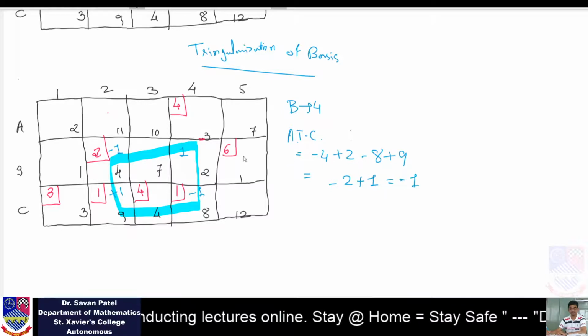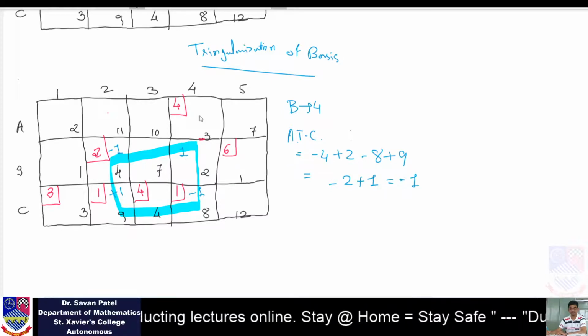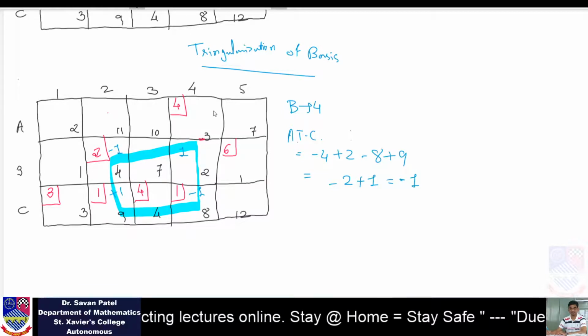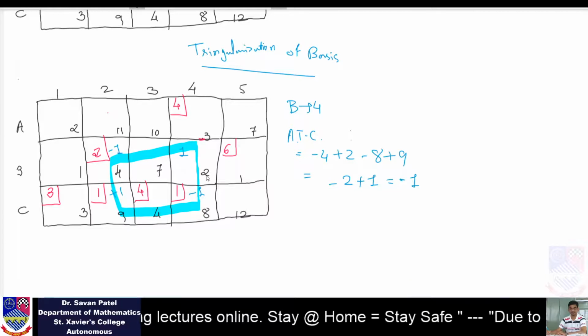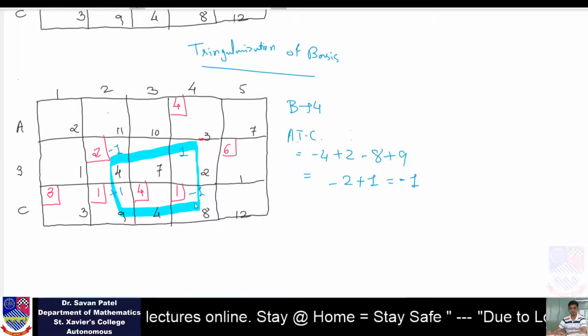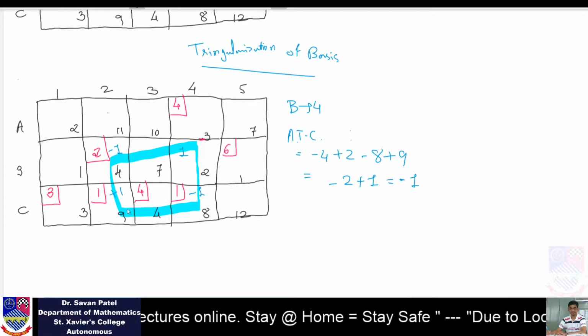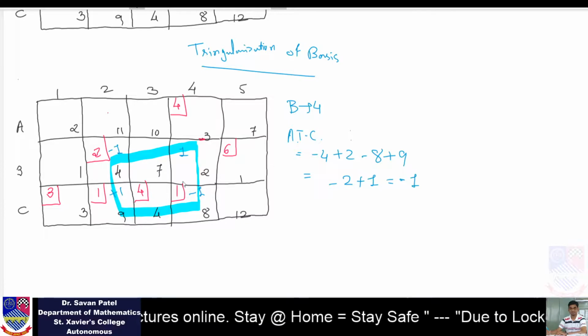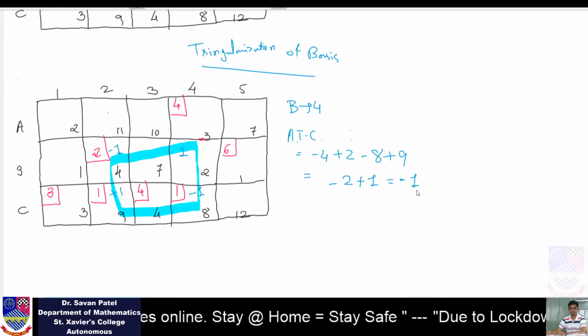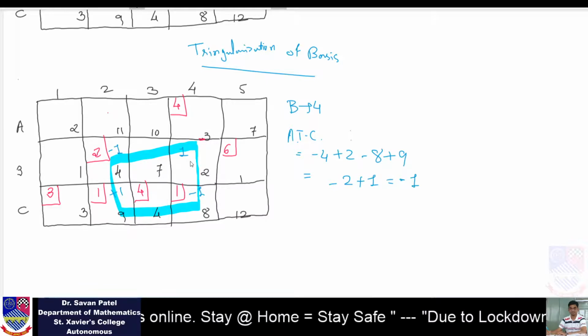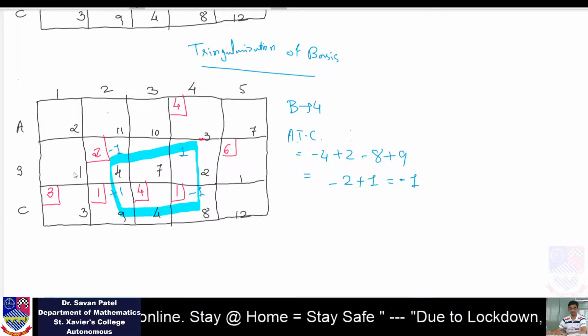Transporting 1 unit from B to 4 is advisable because it is reducing the cost. Let me calculate again: 1 times 2, minus 1 times 8, 1 times 9, and minus 1 times 4, so minus 2 and 1, which is minus 1.